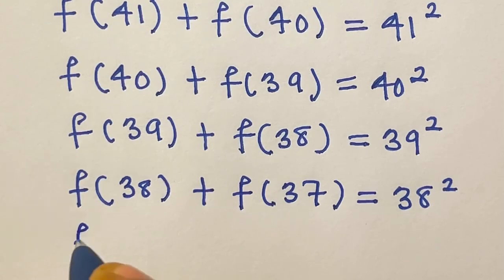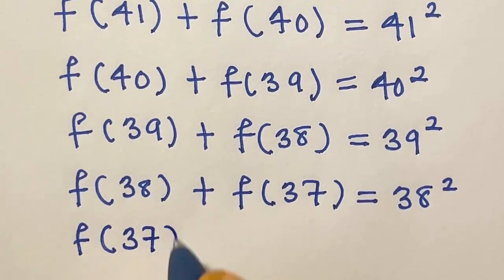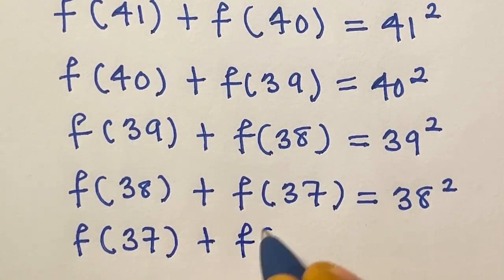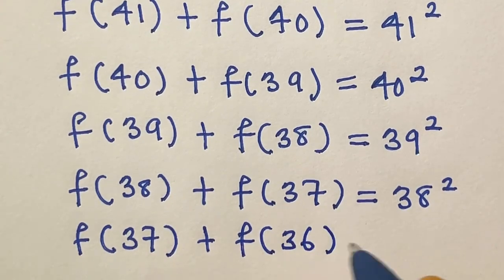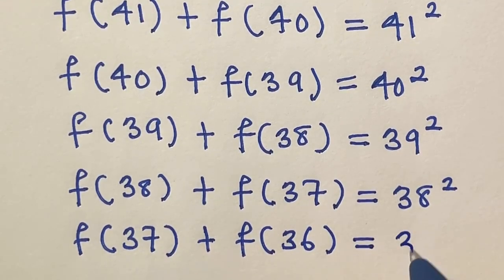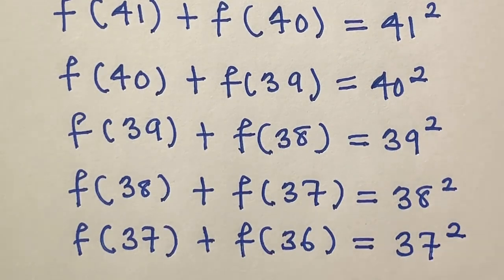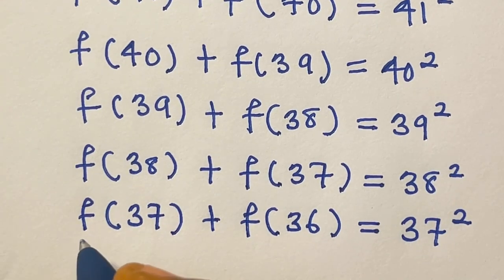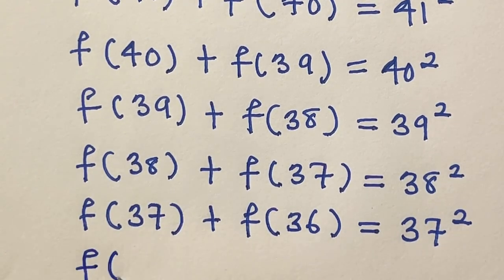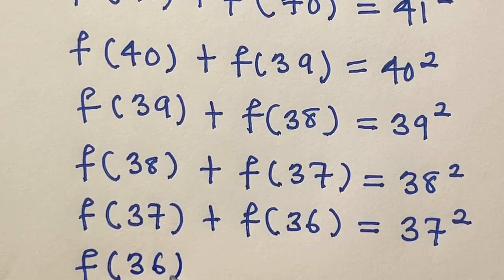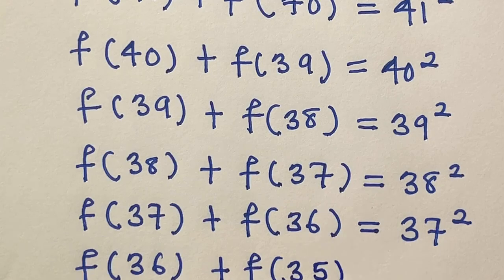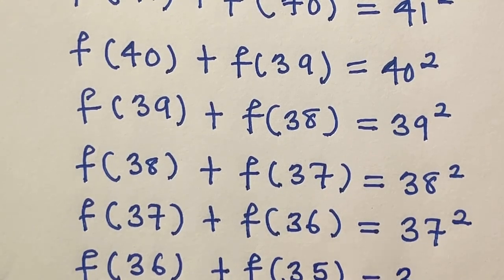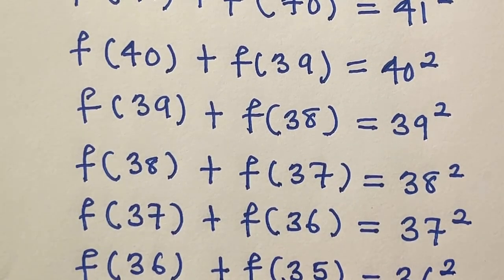So again, we have f of 37 plus f of 36 equals 37 squared. So let's move a bit forward again. We have f of 36 plus f of 35, that is equal to 36 squared.